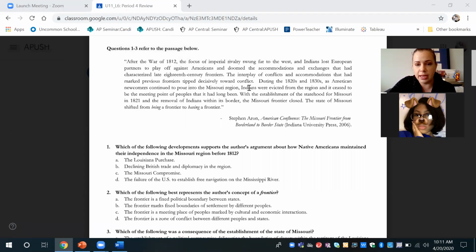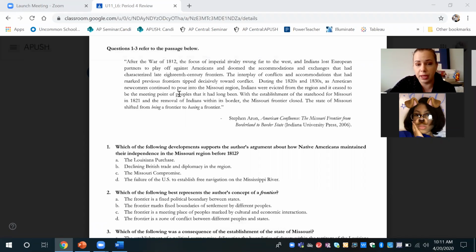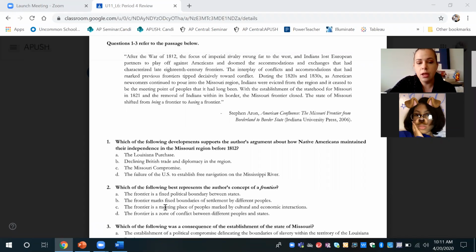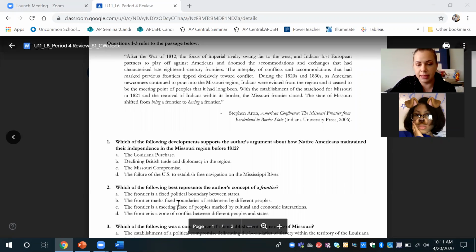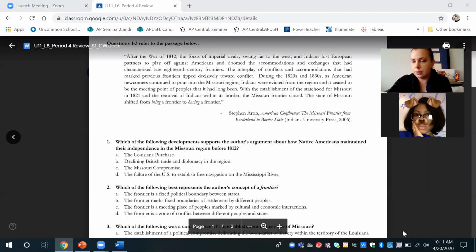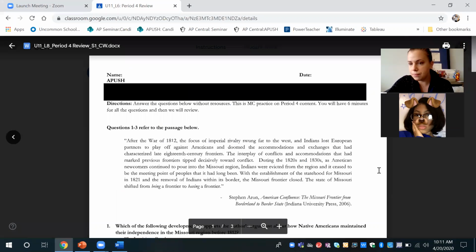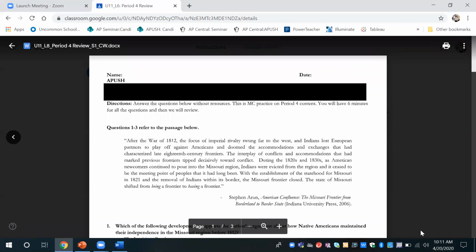So Indians were evicted from the region, and it ceased to be the meeting point of peoples that it had long been. So that is talking about it's a meeting place of cultural and economic interactions. Okay, is there another question?